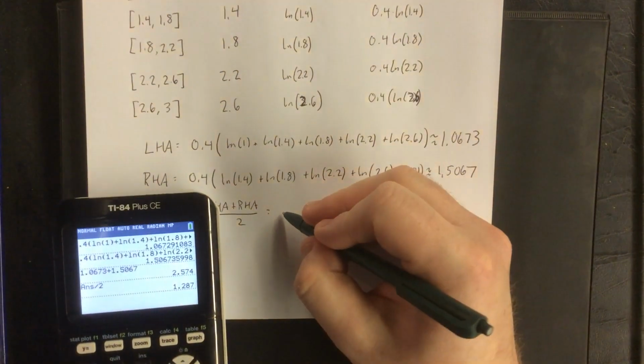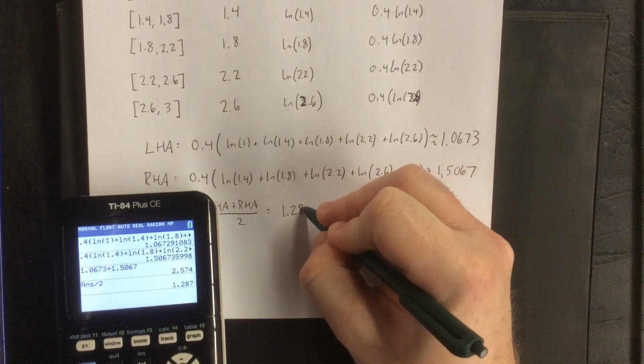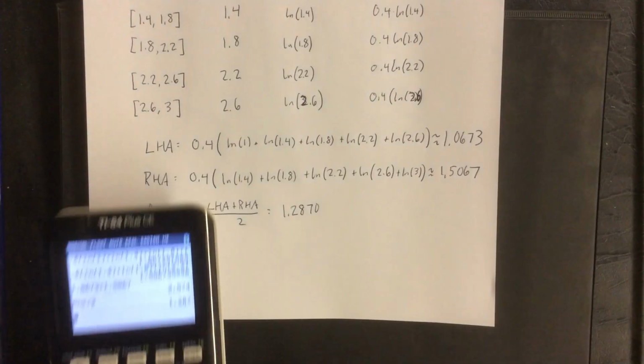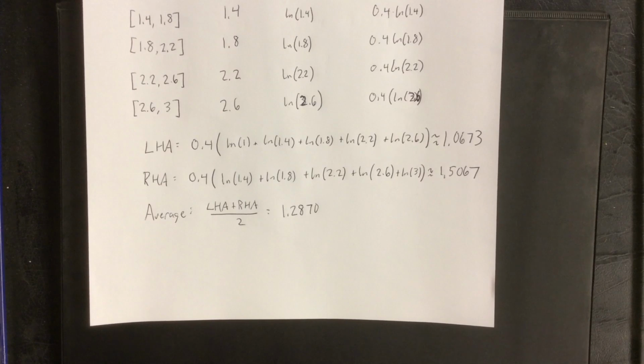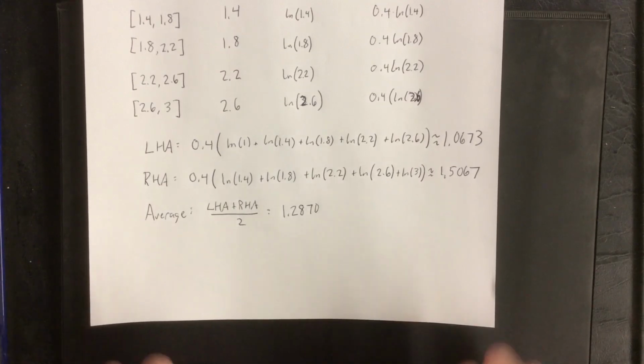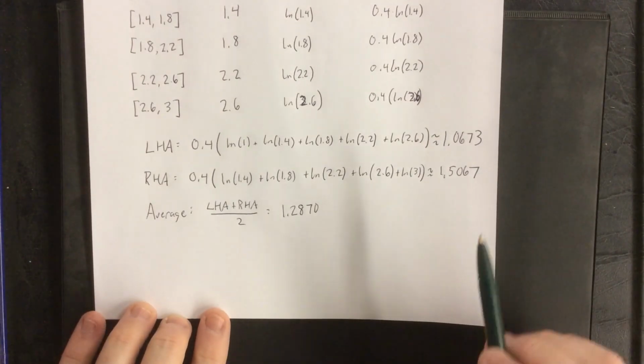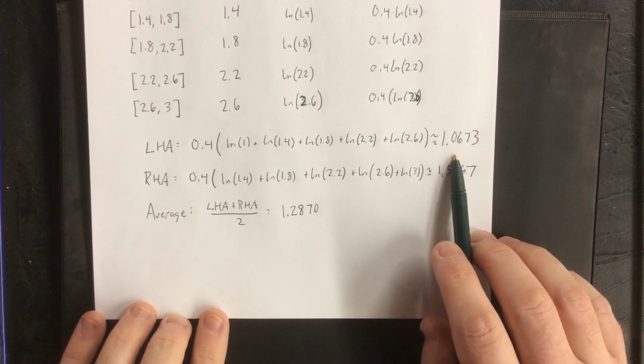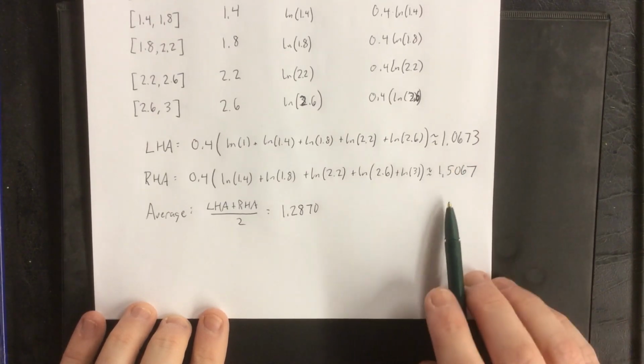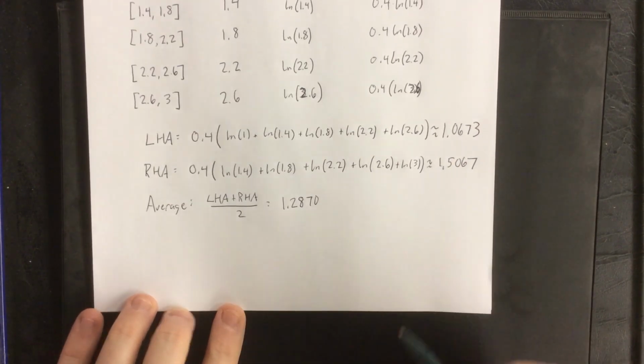So the average of our two approximations is going to be 1.2870. Now that'll be a better approximation than the left-hand or right-hand. I can tell you that the left-hand approximation was an under approximation and the right-hand approximation was an over approximation.